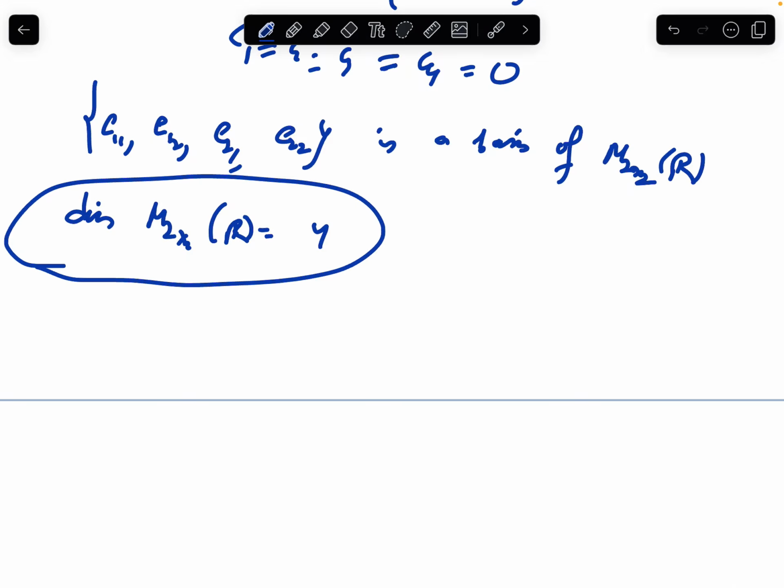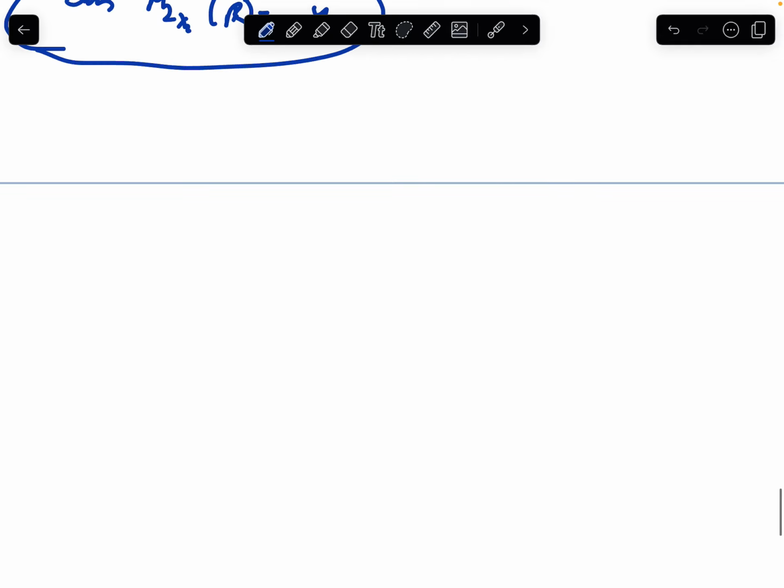Now, how do you multiply two matrices? Suppose you have a matrix A, which is M by N, and you have a column vector, say X, which is N by 1.